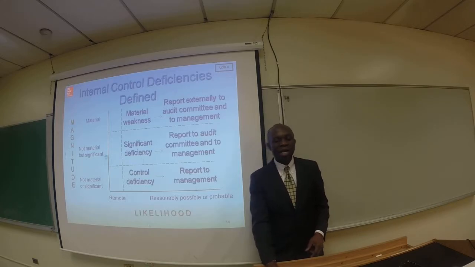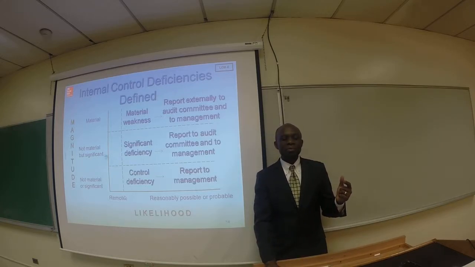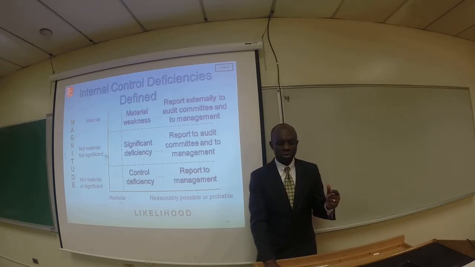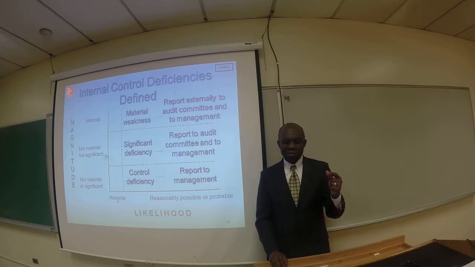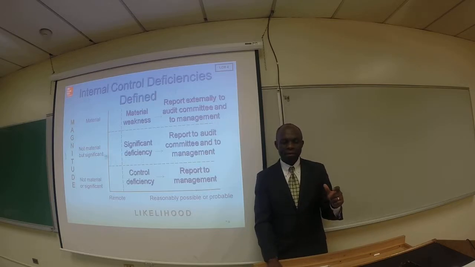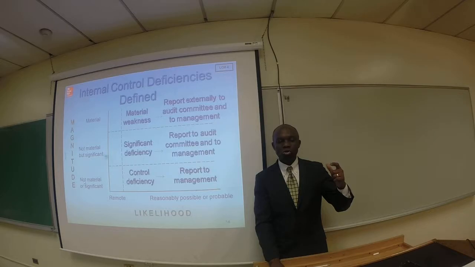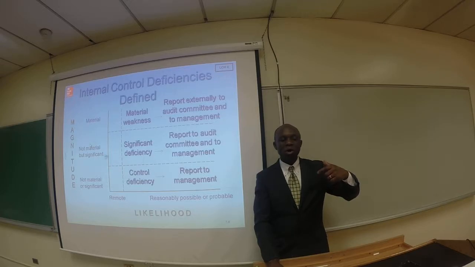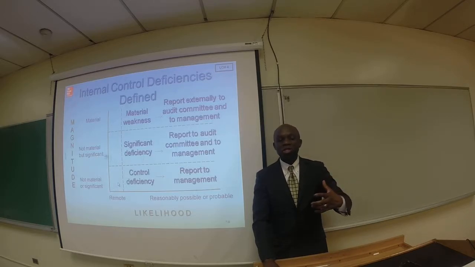So here we say that if it is remote that a misstatement will not be detected or prevented, then irrespective of the potential magnitude or the impact on the financial statement, whether not material, or not material but significant, or material, if it is remote, then the control deficiency is not an issue.